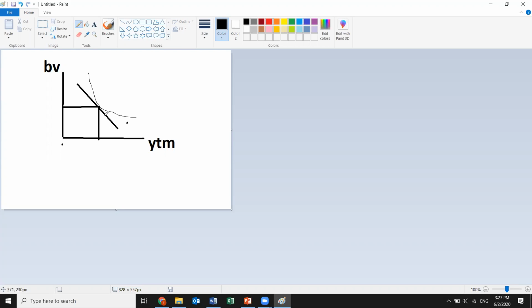So that means that we should not ignore the convexity, the curvature feature of this relationship. So this is very important. The yield curve is not in this way, okay? There is no linear relationship. In real practice, the researchers found out that the convexity feature is giving you a clearer and more realistic prediction of bond value.